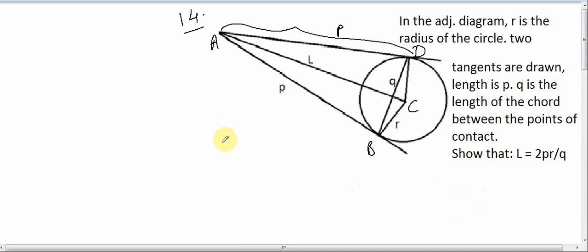So the first formula is Brahmagupta's formula.